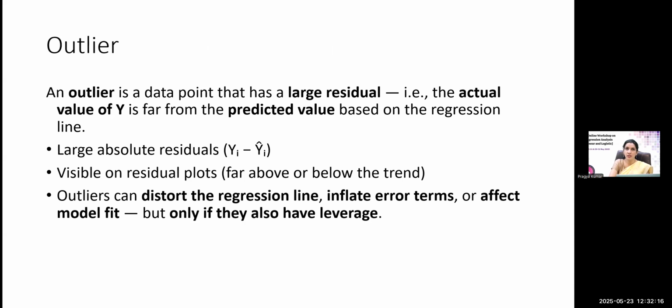So the first concept is the outlier. What is an outlier? An outlier is a value of y. And what is y? Y is my dependent variable. So it is a data point that has a large residual. And what is a residual? Residual is the difference between the observed and the predicted.